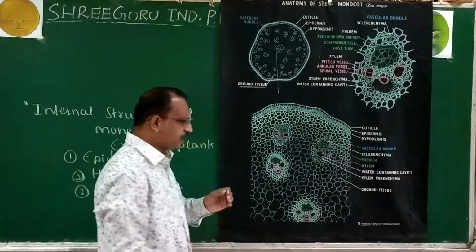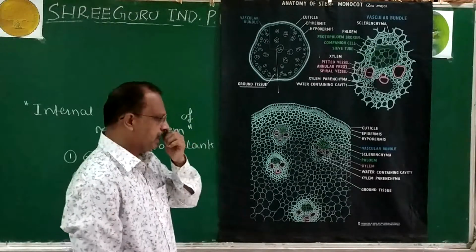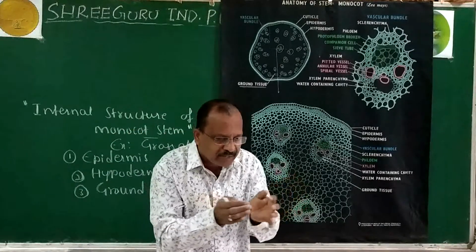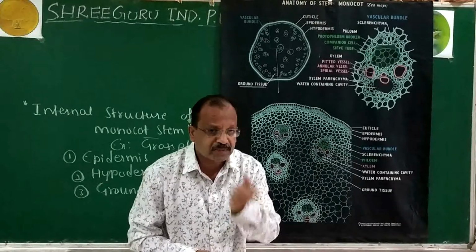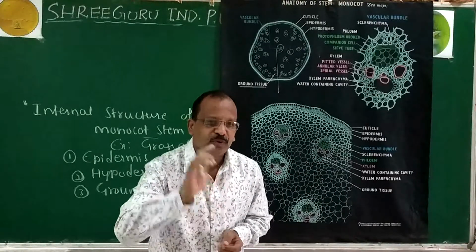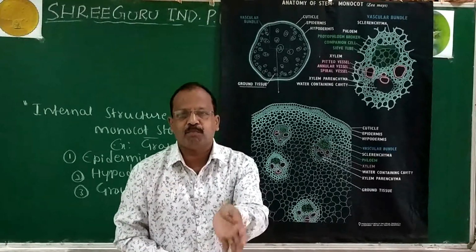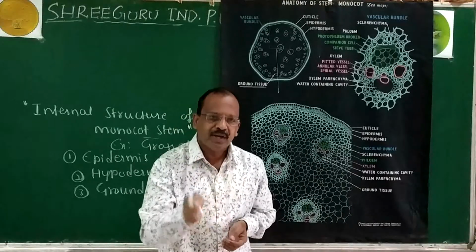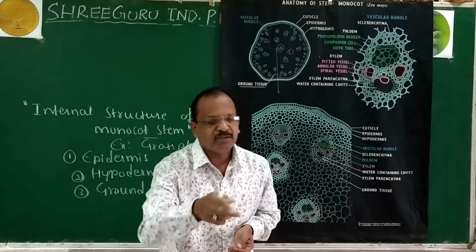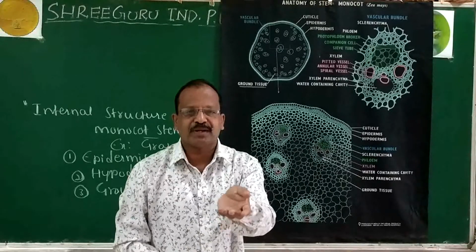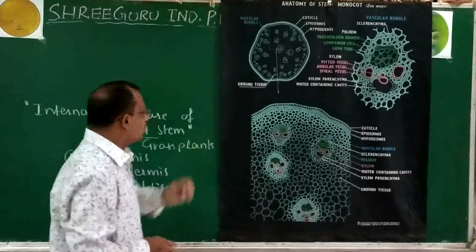Next matter is related to vascular bundles. You know already, the compact mass of xylem and phloem is known as vascular bundles.